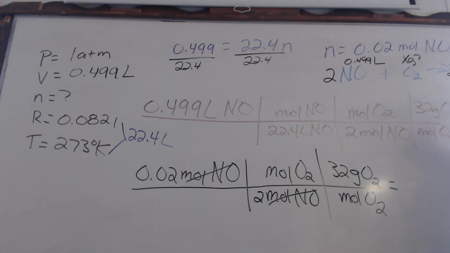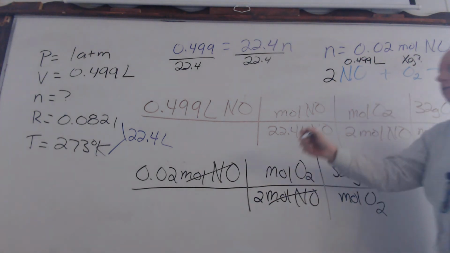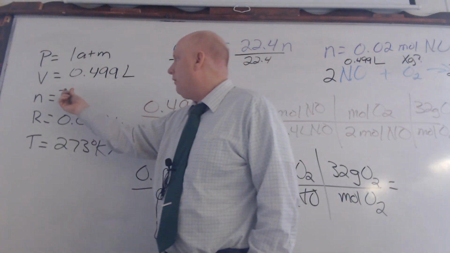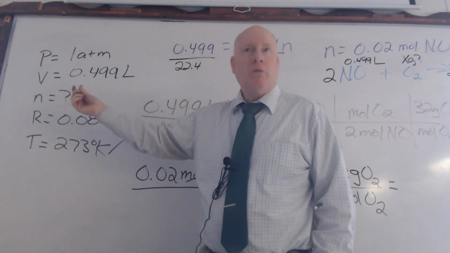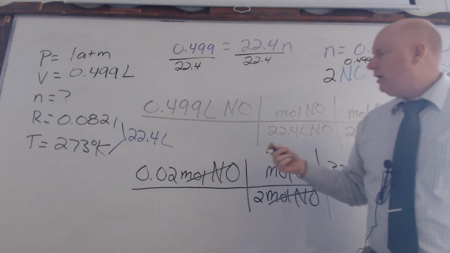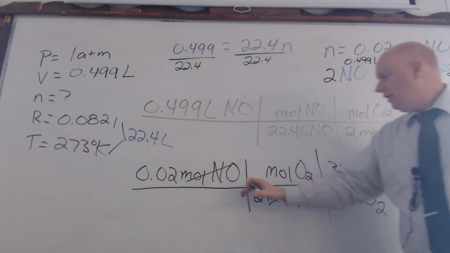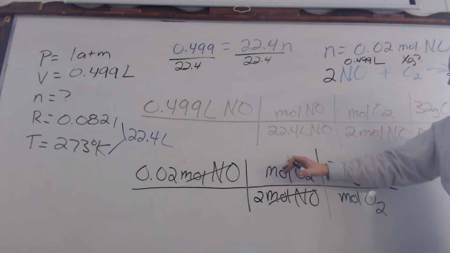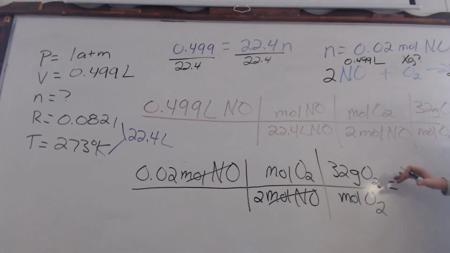You just have to solve for the moles of the substance that you have, which was NO, okay? And that's what we did here. So once you get that into the number of moles that you have in the ideal gas law right here, then we're back to that familiar territory. You put that into moles, cancel that out with moles of O2, and change that to grams.